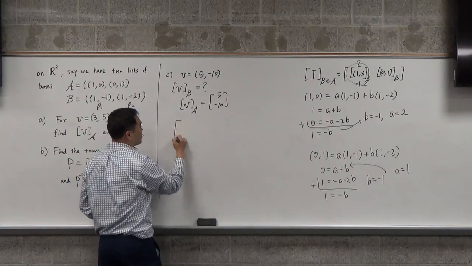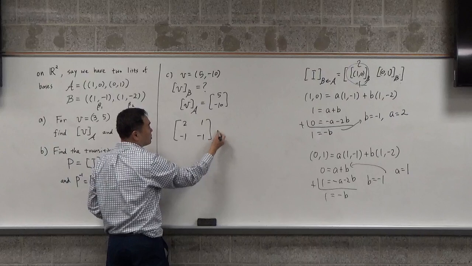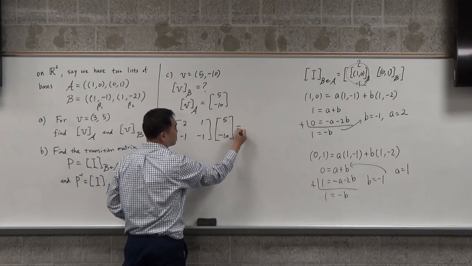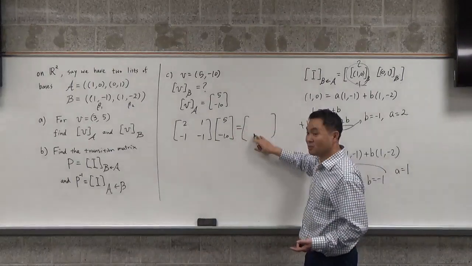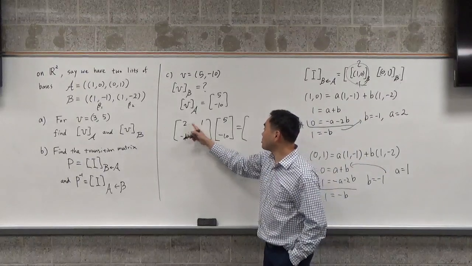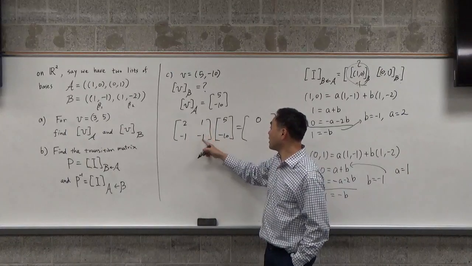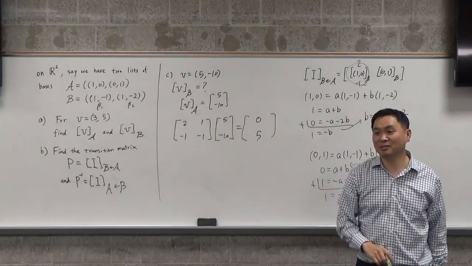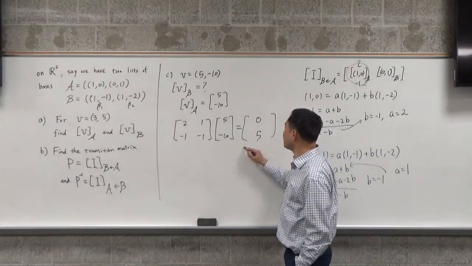So you take the transition matrix that we obtained just now, you multiply it with 5, negative 10, and whatever result you get after this multiplication, these two numbers will be what you had. Okay? So what is that? That's 10 minus 10, so 0, right? Then negative 5 plus 10 is 5. Done. It's a lot easier, right? Okay. So this is the answer.